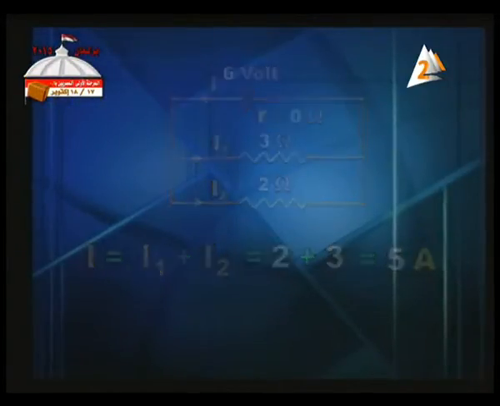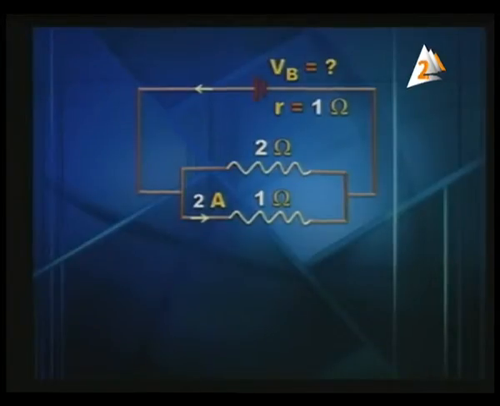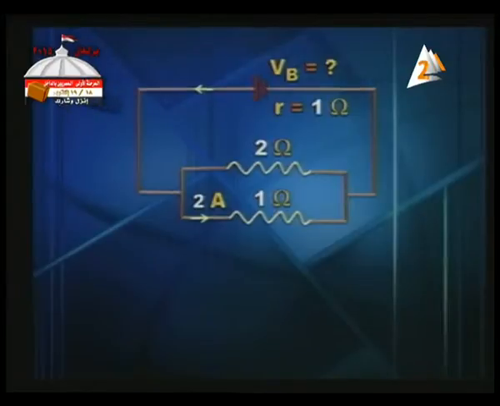Let's see. We've got another circuit here, consisting of a battery. We don't know the EMF of the cell, the value of V battery, but it has an internal resistance. Internal resistance equals 1 ohm, and we've got two resistors connected in parallel, 2 ohm and 1 ohm. The current passing through the 1 ohm resistor is 2 amperes.